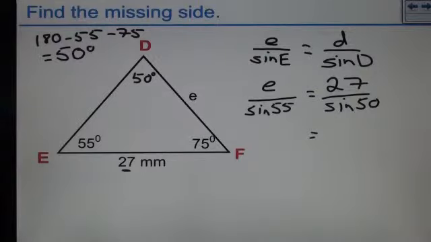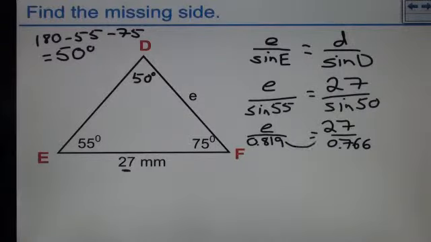And we get E over 0.819 equals 27 over 0.766. Again, we take this and we cross multiply it up here, so it'll become multiplied when it comes over.